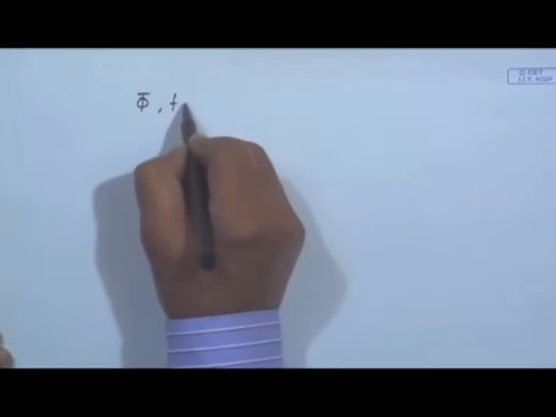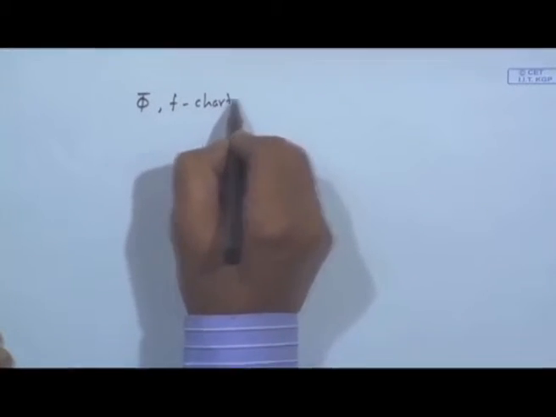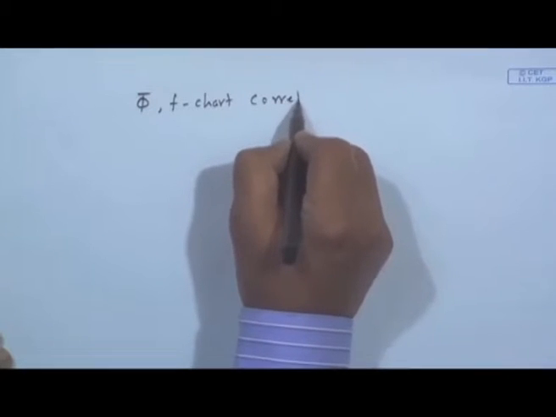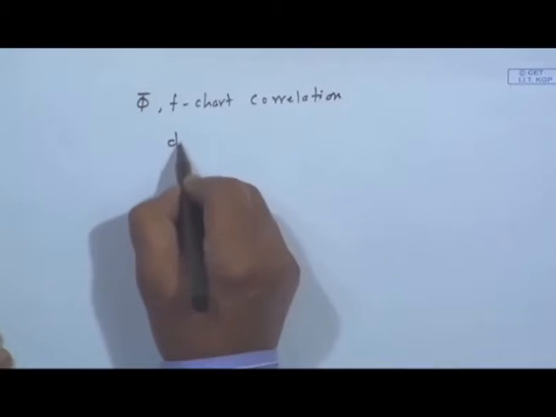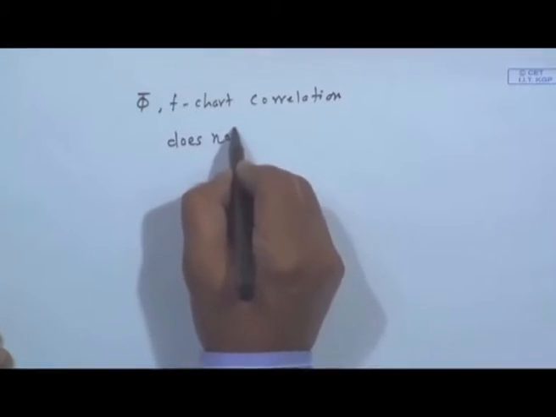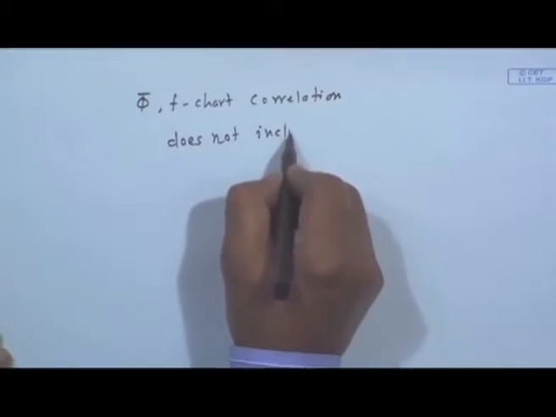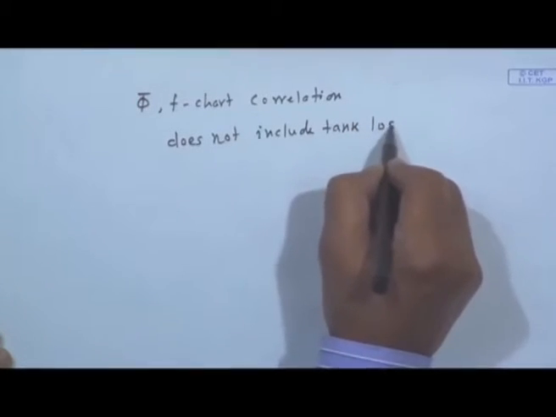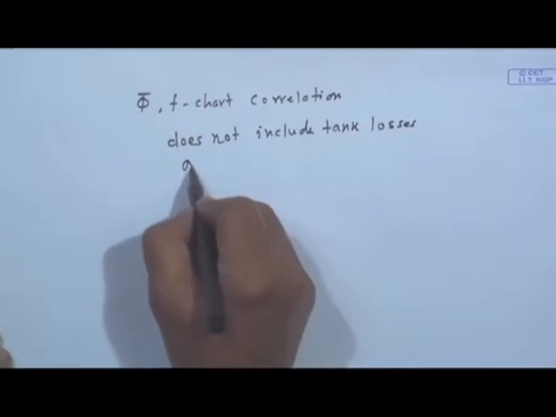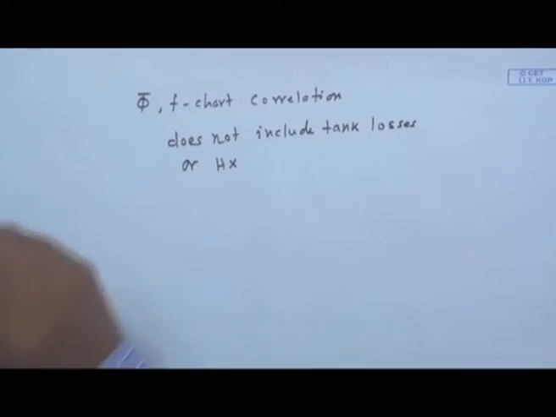Originally in the phi bar F chart method, we did not include the tank losses or the heat exchanger. The phi bar F chart correlation does not include tank losses or heat exchanger.